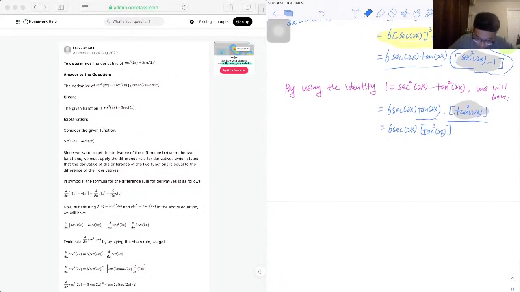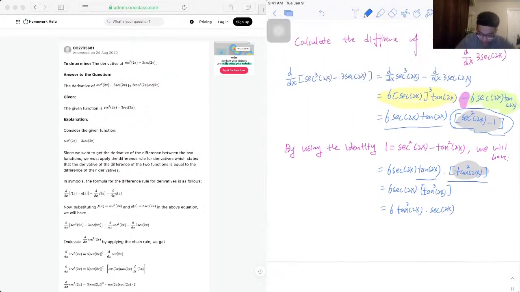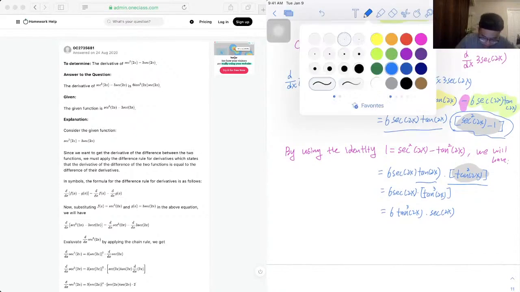And now let's just rewrite it again. So that's also equal to 6 tangent 2x to the exponent of 3 times secant 2x. Right. So that's our final answer.